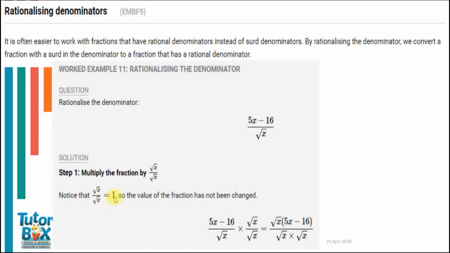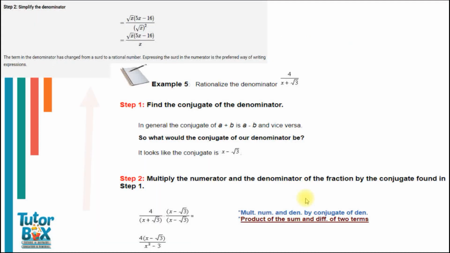So now we have 5x minus 16 over square root of x, times my 1, which I can rewrite as square root x divided by square root x, because I want to remove that square root sign to get a rational denominator. If I multiply this, at the top I have square root x times 5x minus 16, and here I have square root x times square root x. Let's see what happens next.